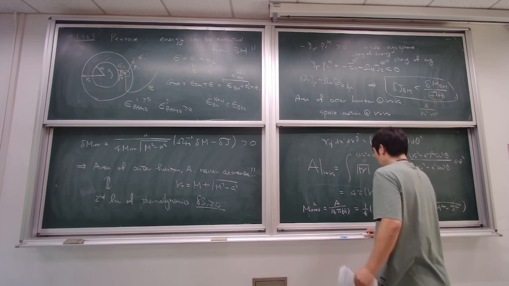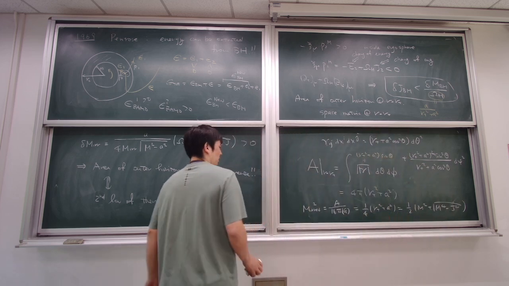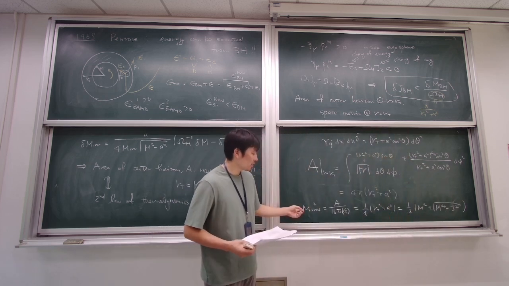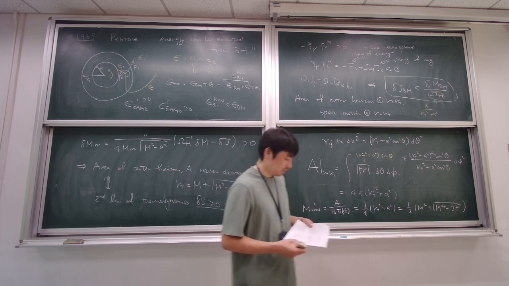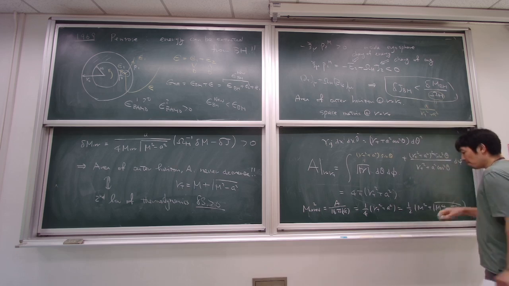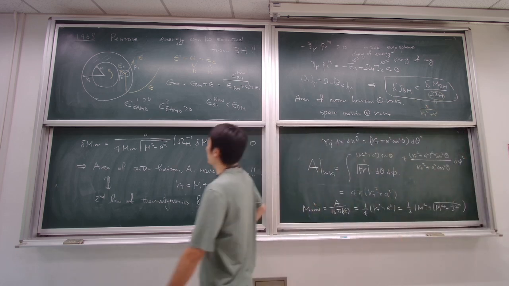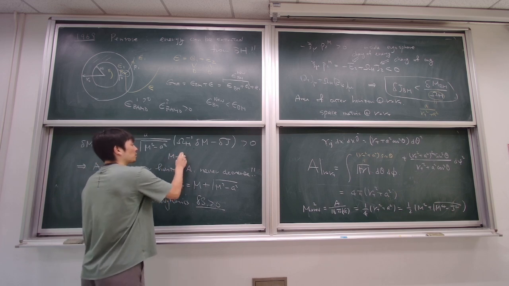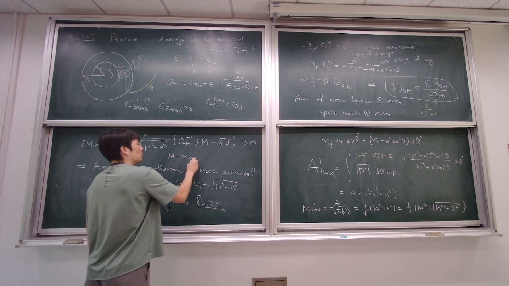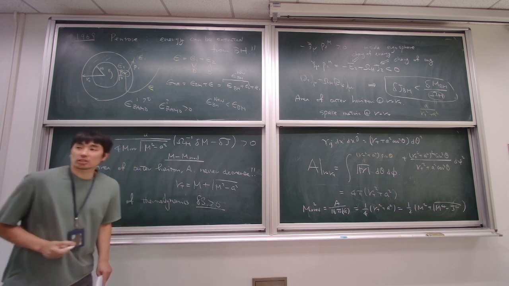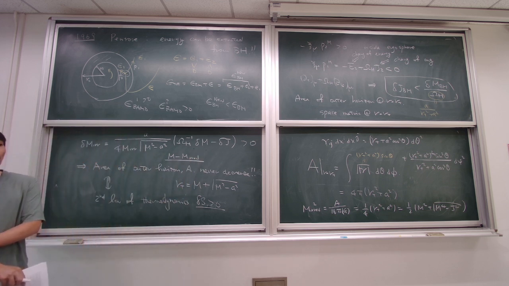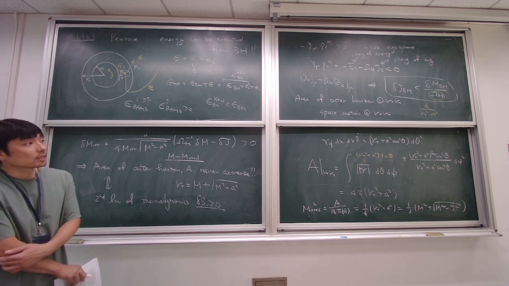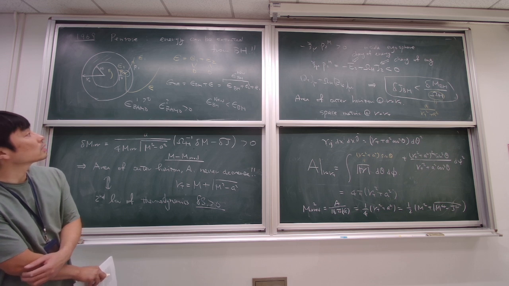And then you can do this a bit more. The reason why it's called irreducible is that it never decreases. And in fact, the maximum energy which can be extracted from the black hole is in this quantity.